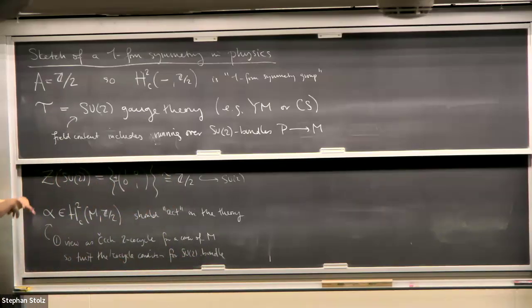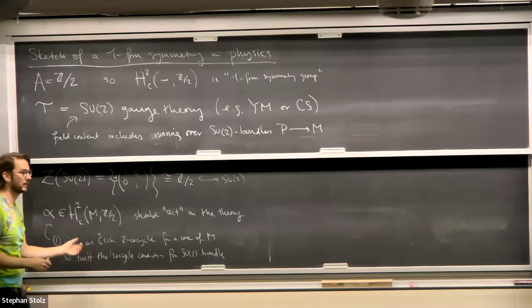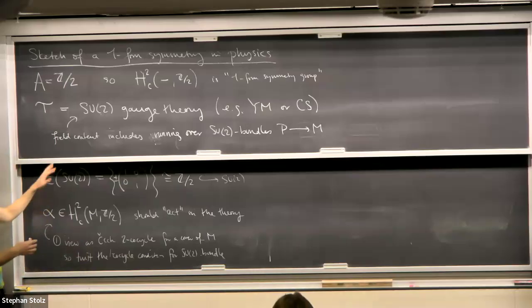So you're making something that's kind of like an SU2 bundle. Locally it looks like an SU2 bundle, but globally it's not, because you twisted the cocycle conditions. In that sense, it's supposed to be acting on the theory. Whatever it means to have the theory, you should be able to talk about that sort of situation.